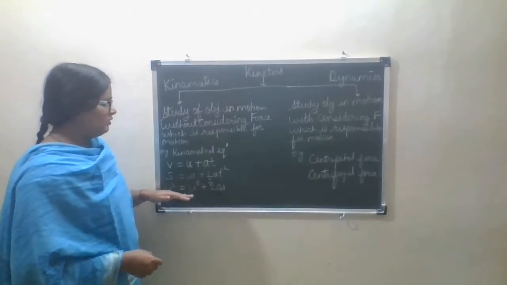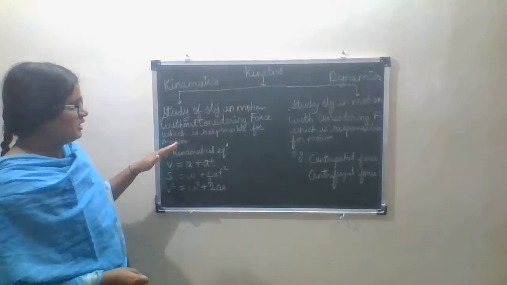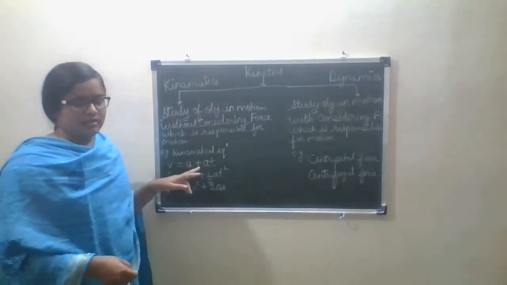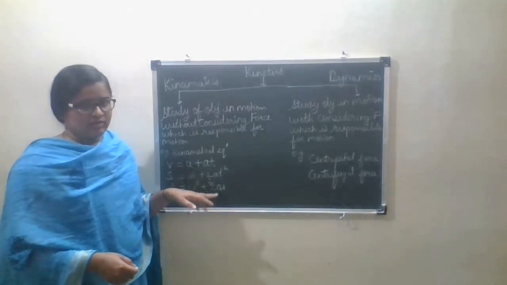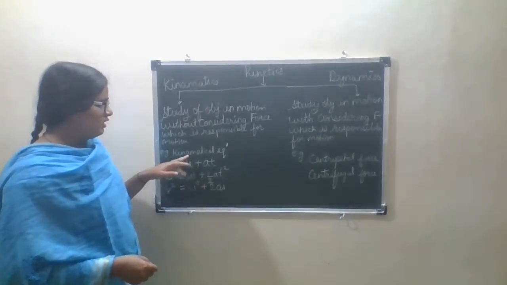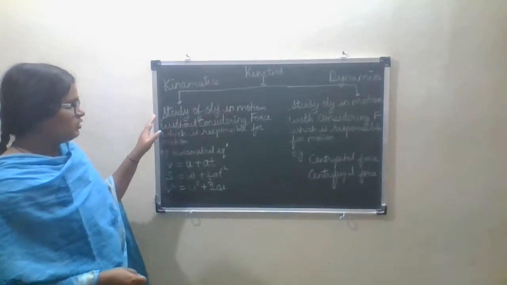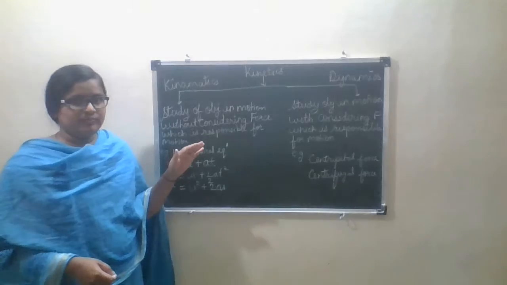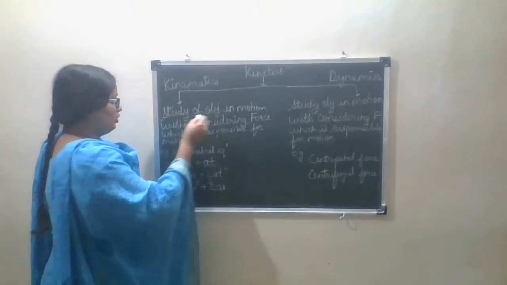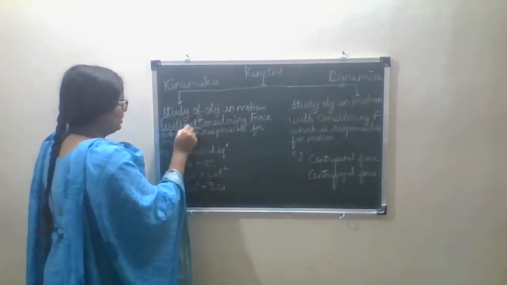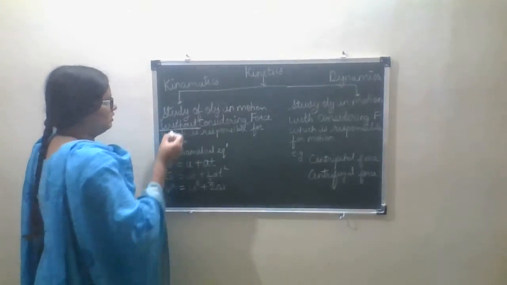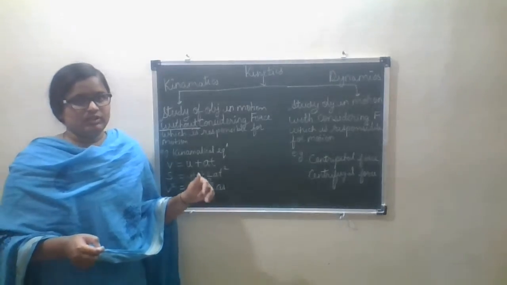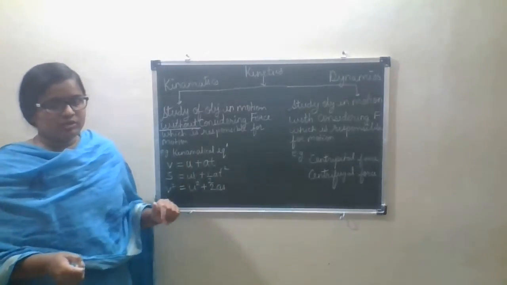What we have to see is that in any equation there is no term for force. Force is not there. So kinematics is the study of an object in motion without considering the force which is responsible for the motion.